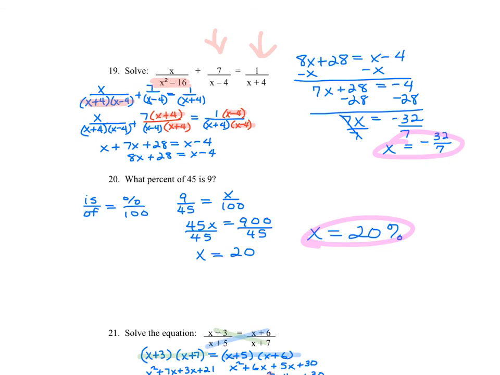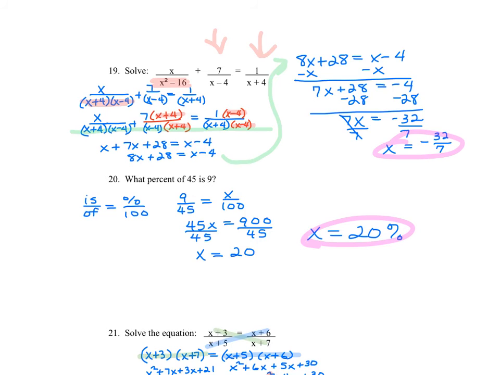Once you find the common denominator, you can get rid of it, and then you're only working with the numerator, which turns into something I can just solve for x by combining my terms. Once I got it here, I combined my x's on the left and my numbers on the right, divided and solved. And then the last question is a percent question.